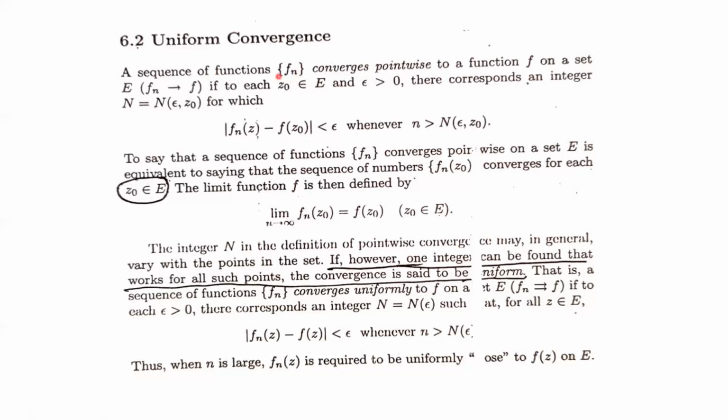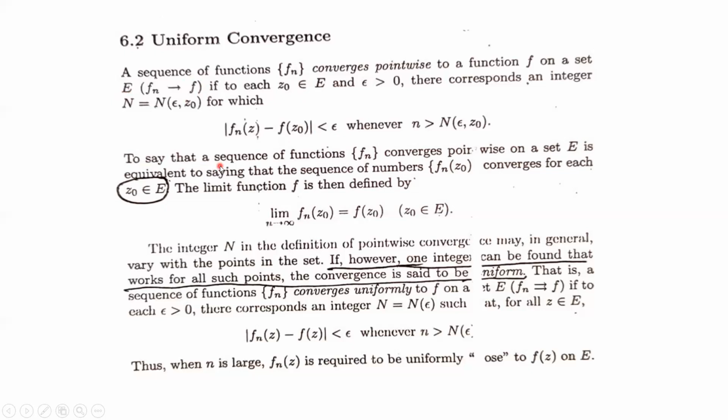For a particular value of z, this sequence turns out to be a sequence of complex numbers only, and for each z naught in the domain set, if the sequence of complex numbers converges, then we say that the given sequence of functions converges pointwise to the function f. It's defined for each and every point from the domain set.